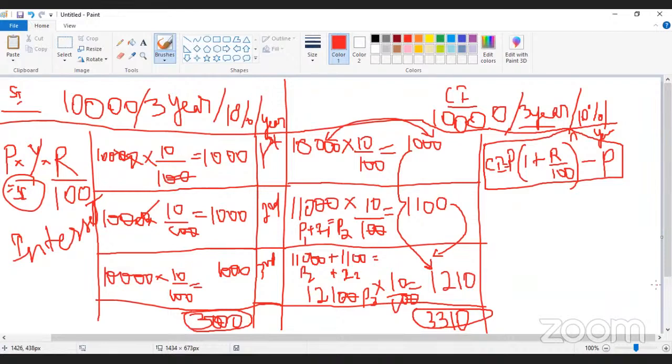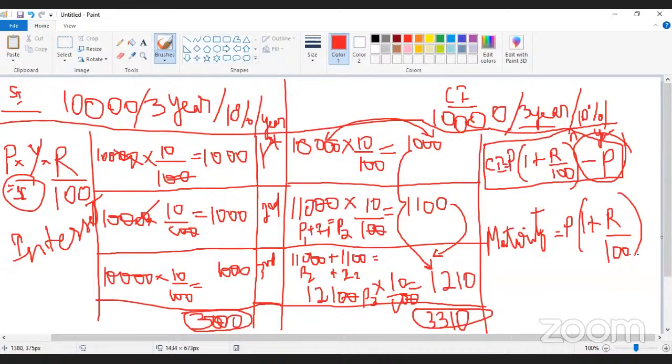Yes, sir. Okay. So now if I don't do this minus P, what will I get? That is called maturity. What is the meaning of maturity? When the principal amount gets added up with the interest amount, the principal amount and the interest together is called maturity.